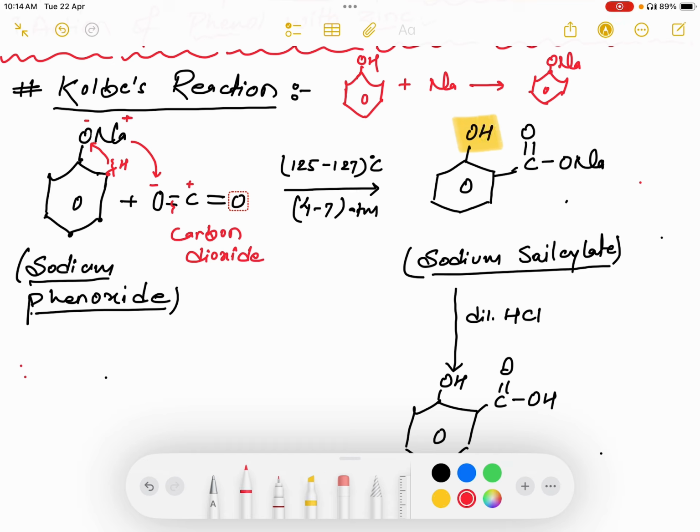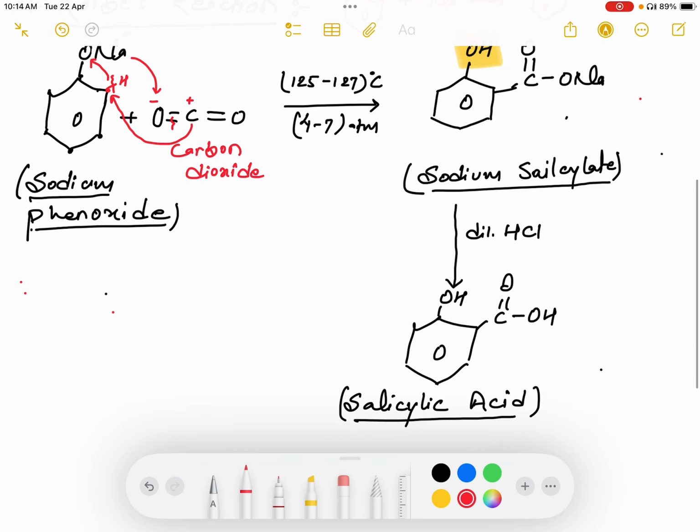This carbon goes and attaches at this point to form C double bond O, ONa, which is an intermediate. Further, it is treated with dilute HCl, where Na is replaced by H, and it forms salicylic acid. So the final product of Colles reaction is salicylic acid.